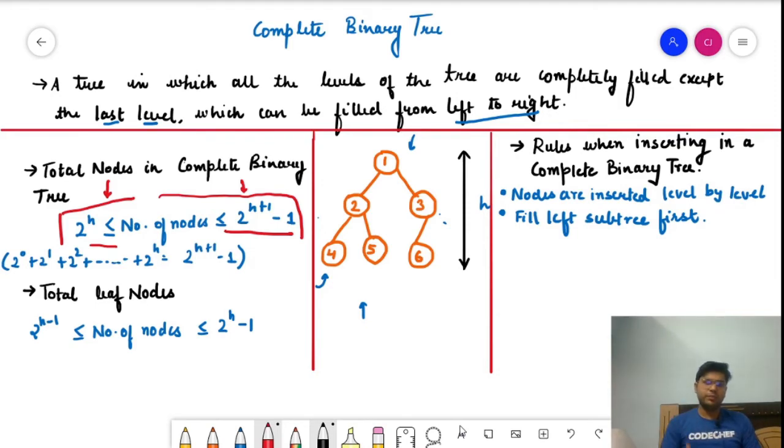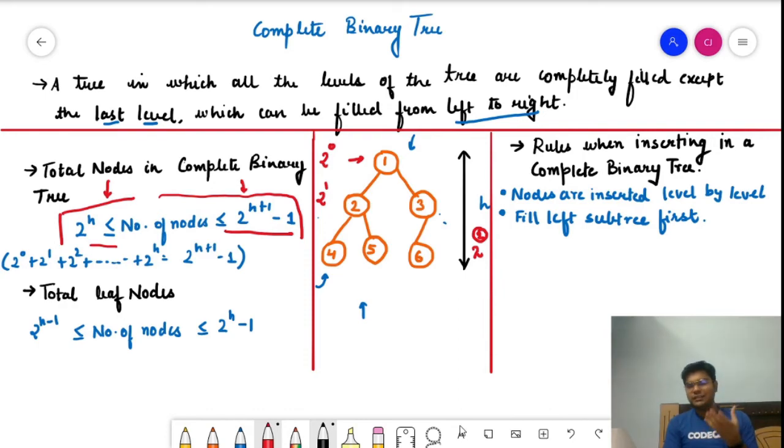So why this 2 to the power h? Because at each level, what can we observe? How many nodes are there? 2 to the power 0, only a single node. 2 to the power 1, 2 nodes. Here we can observe that it is less than 2 to the power 2. Ideally, if all filled, if there was one more node here as well, there would be 4 nodes, which is equal to 2 to the power 2.